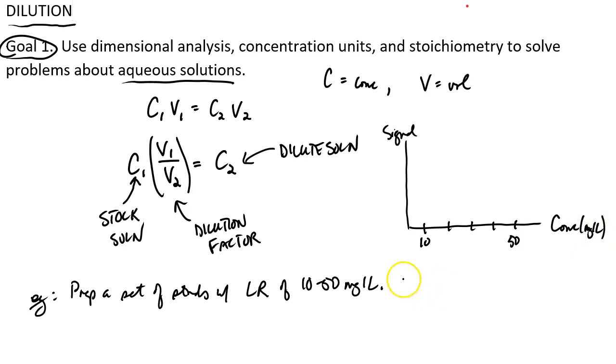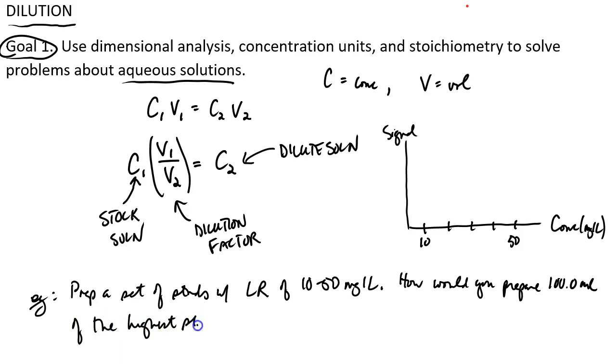The question is, how would you prepare 100.0 milliliters of the highest standard? And again, that would be the 50 milligrams per liter, right?